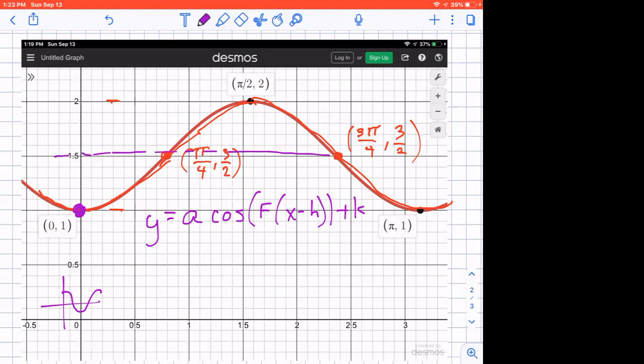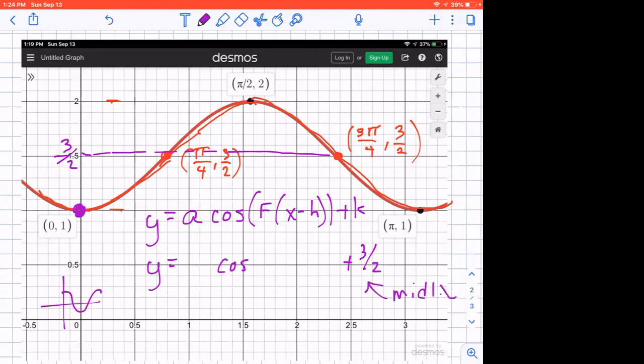Always to the midline. So no matter what we choose, whether we choose sine or cosine, we are going to be doing plus 3/2, because 1.5 is 3/2. That's our vertical shift to the midline. It has to be the midline, okay?